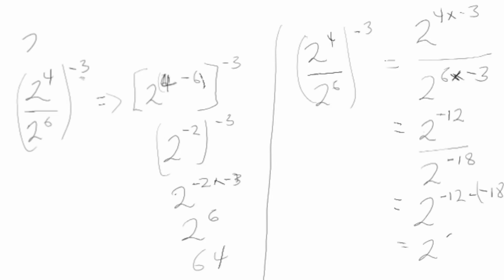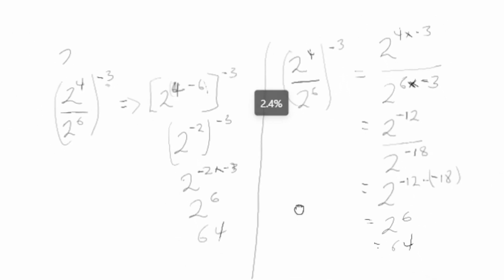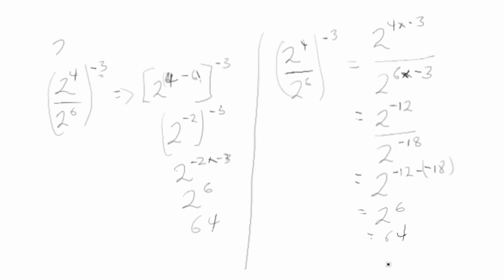So 2 exponent 6, which is 64. So you see, any method that you use, you should get the same answer. All that you need to do is remember the methods and then just apply them as they are.